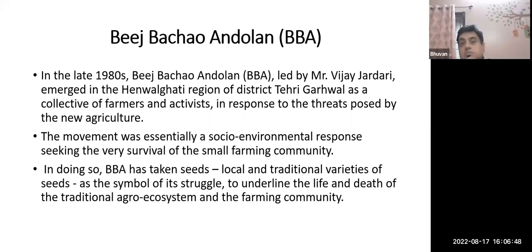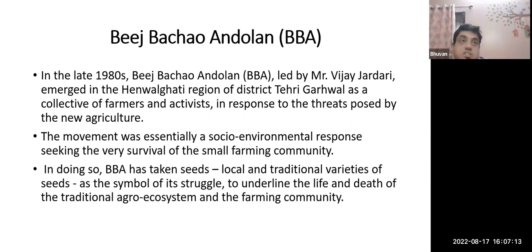So here, basically, this movement was started by the small farmers, and it is basically focusing on bringing back the local traditional varieties of the crop plants and bringing back the traditional agriculture system through which these crop varieties are conserved.